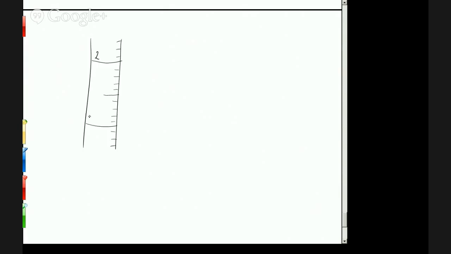And let's say this is a 2 and this is a 3. So it counts from 0 at the top down to 25 at the bottom. And let's say your solution is something like this. But what is that reading? Two point three.